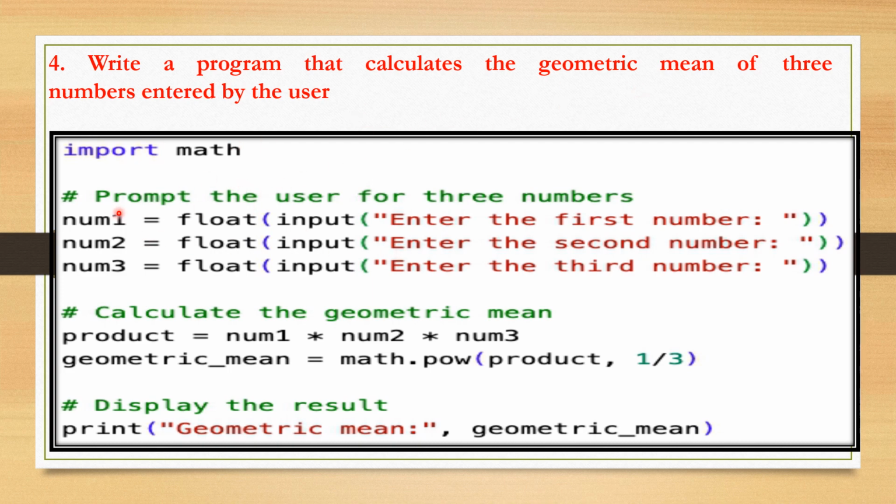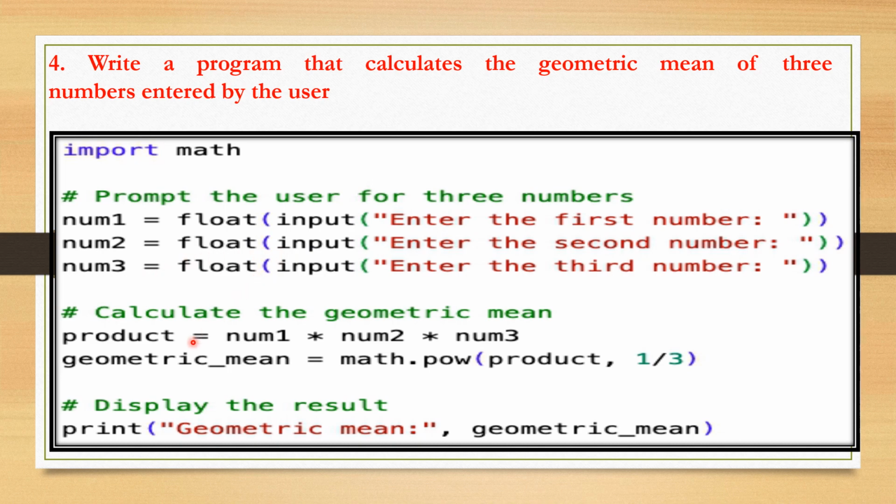The fourth program is to calculate the geometric mean of the numbers. Here we'll start by importing the math module, which provides mathematical functions and constants for mathematical operations. We need this to use the pow power function to calculate the cube root later. We'll prompt the user to enter three numbers using the input function. The float function is used to convert them into floating points.